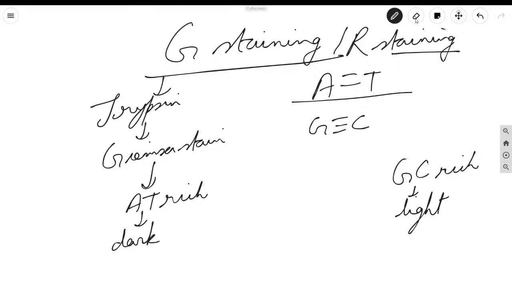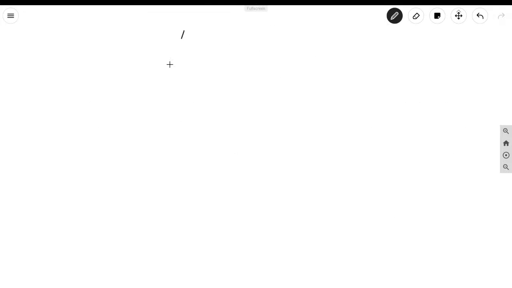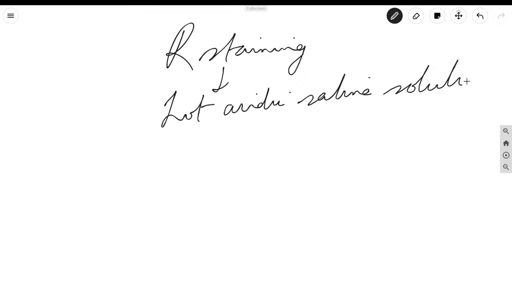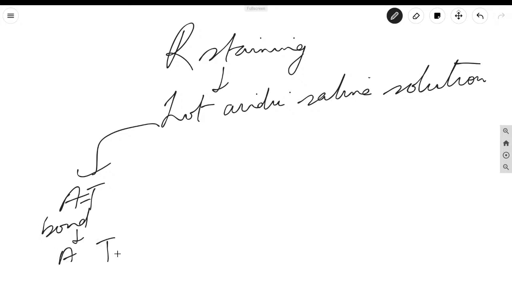So in the R staining technique, we will first use hot acidic saline solution. This will denature AT completely. The double bond of A and T will become A separate, T separate, but it is not able to denature GC completely because of its triple bonding.